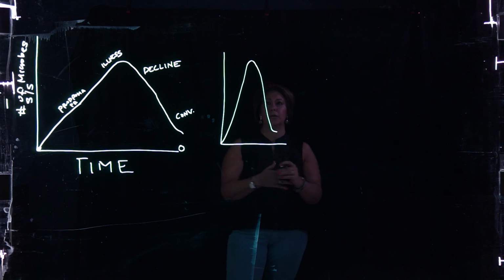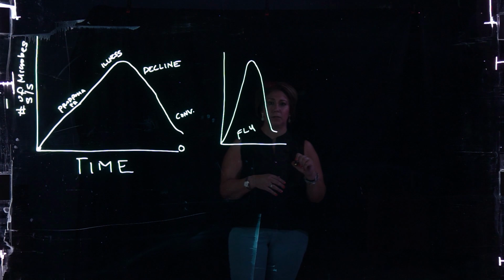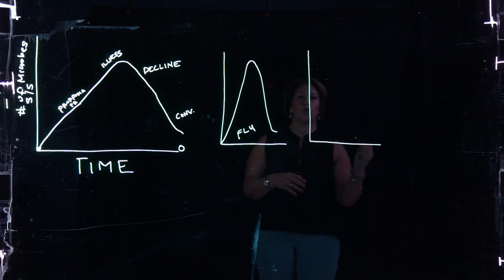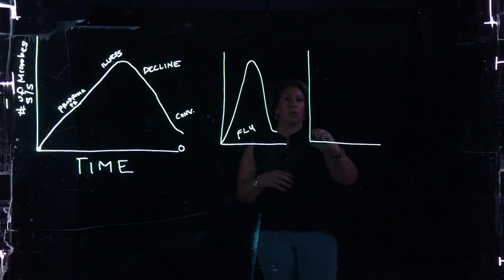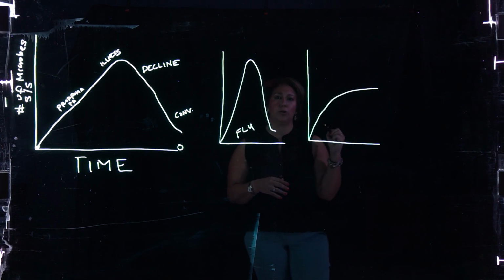A really good example of a disease that has this pattern is influenza. So rapid onset, rapid decline. The next one that I want to talk about is a chronic type of disease. So we have an increase that happens a little more slowly and gradually, and it tends to stay with the host for a longer period of time.